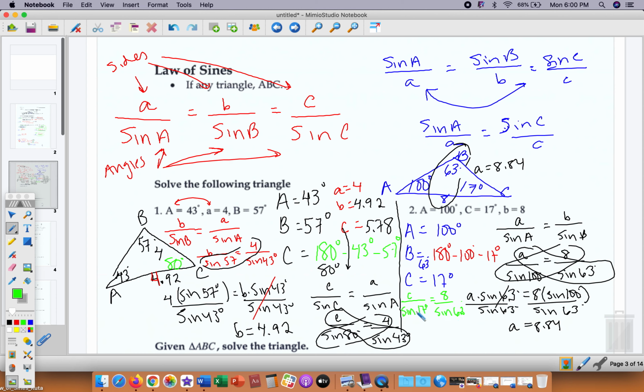If we cross multiply, sine 17 degrees times 8 is equal to sine of 63 times c, and then dividing for c, we get that little c is equal to 2.63. So we have all sides and all angles. Let's continue.